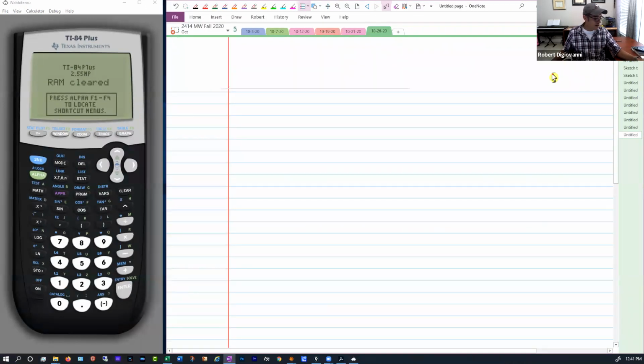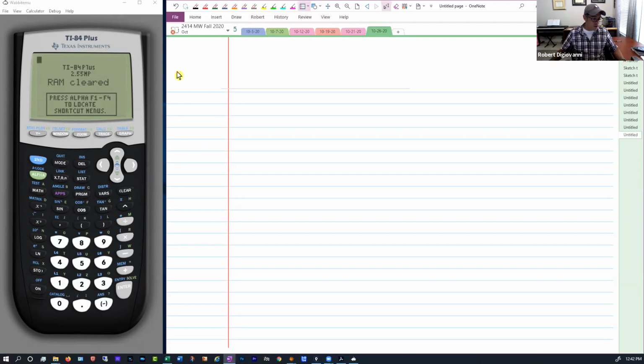Now, before I get started, I just have to preface this with: what I'm about to show you is something that does come up in the calculus sequence. Usually when we get to it, we go through it real quick. So we're a little ahead of ourselves by doing this, but all I'm trying to do is show you a way you can use your calculator to graph functions of y that you normally can't do.